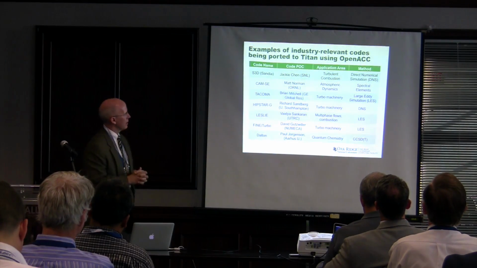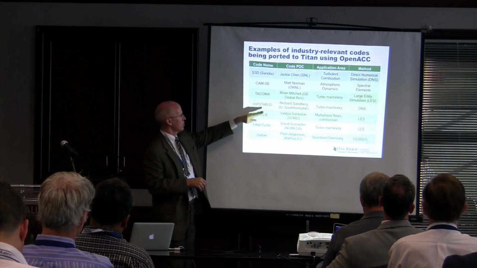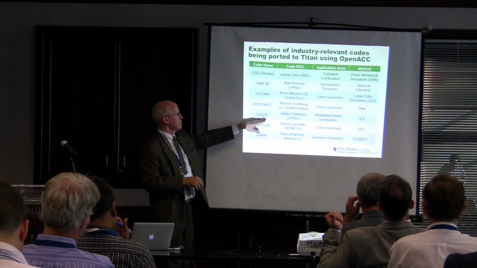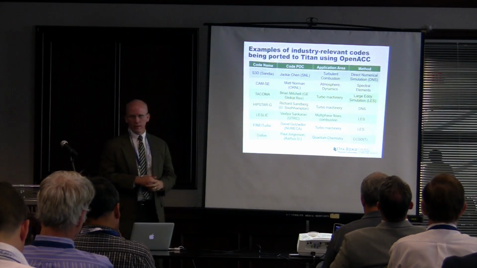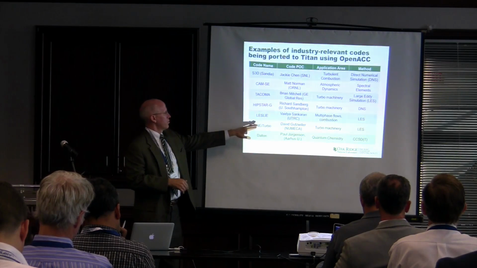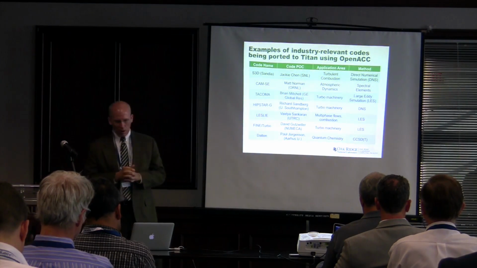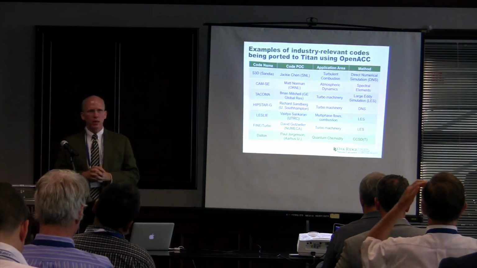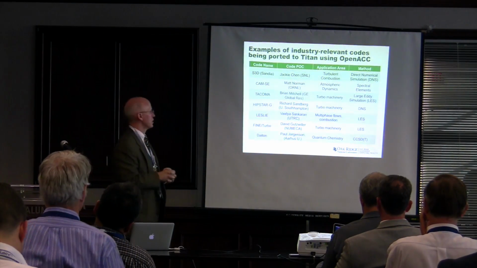And it happens that this is a DNS code, and GE is investing in this research group. United Technologies is investing in the Leslie code, which has its origins at Georgia Tech. Fine Turbo is the design code by NUMECA, and it's being used by a small company called Ramgen that was recently purchased by Dresser-Rand, again for turbomachinery work.